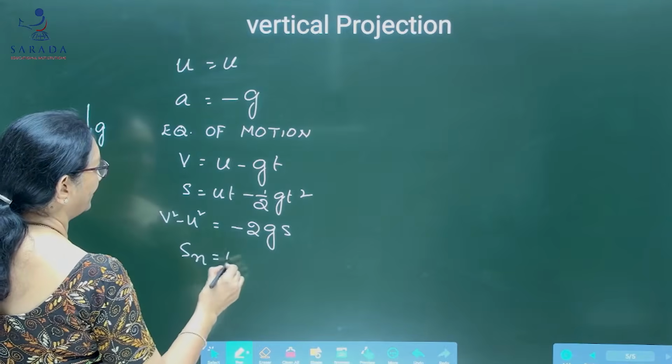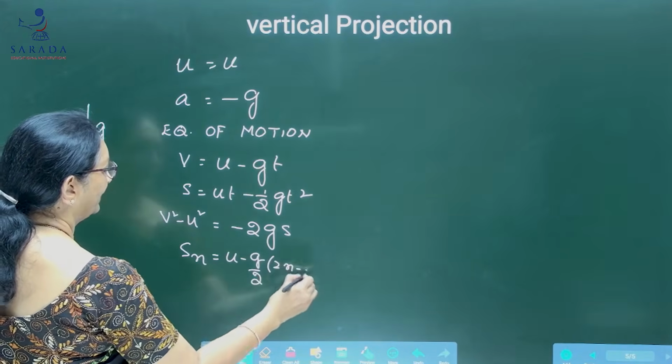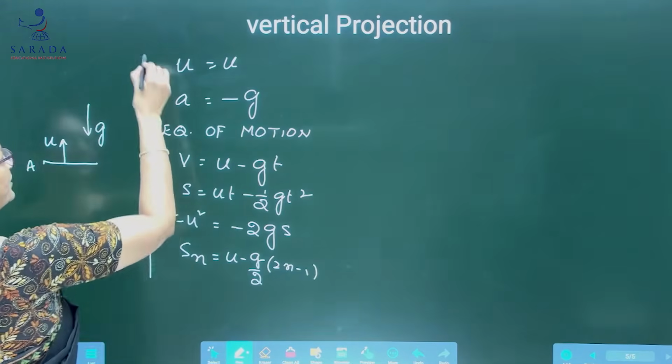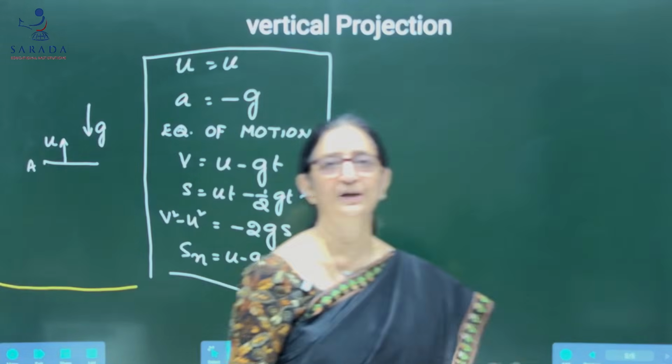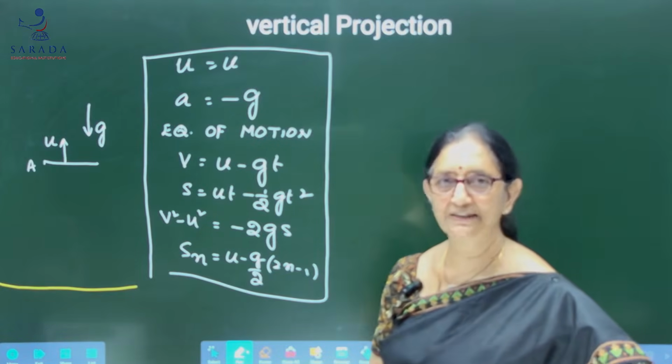Sn is equal to u minus g by 2 into 2n minus 1. So, in case of vertical projection, initial velocity is u, a is equal to minus g. So, those are the equations of motion.